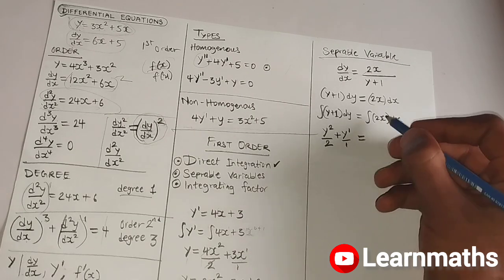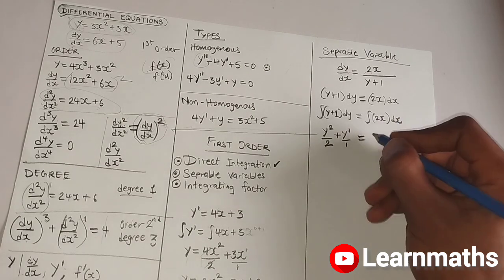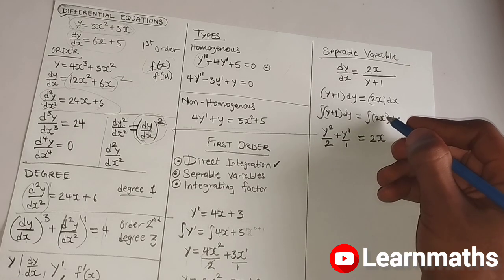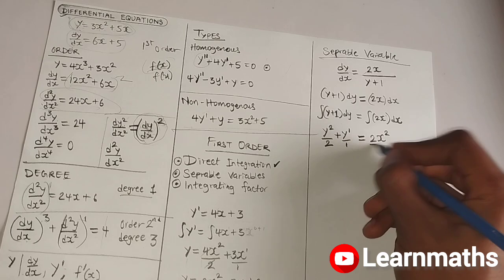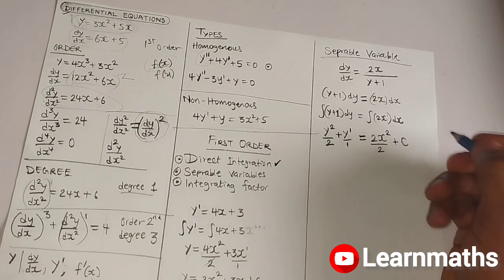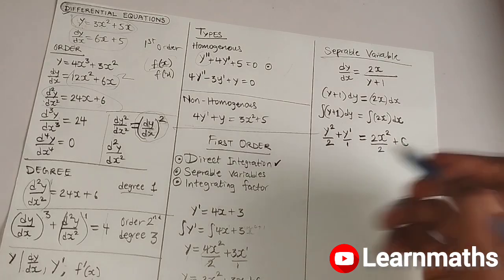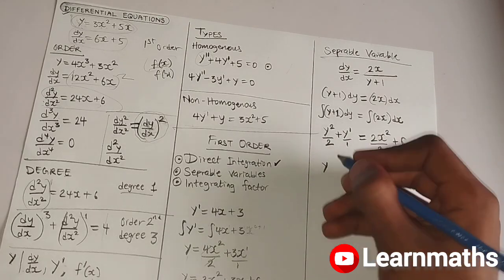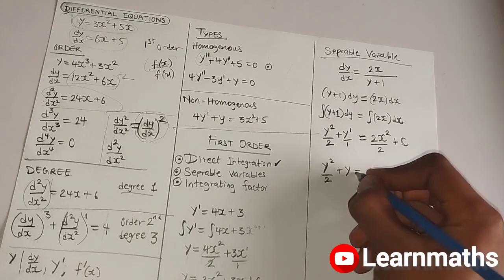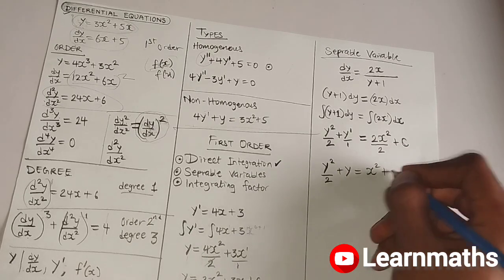All right, so integrating this with respect to x, this is 2x, currently having the power of 1. You add 1 to that, it becomes 2, and then you divide by that. I can add my plus k or c here now, right? So finally, we're going to arrive at y squared over 2 plus y is equal to x squared plus c.